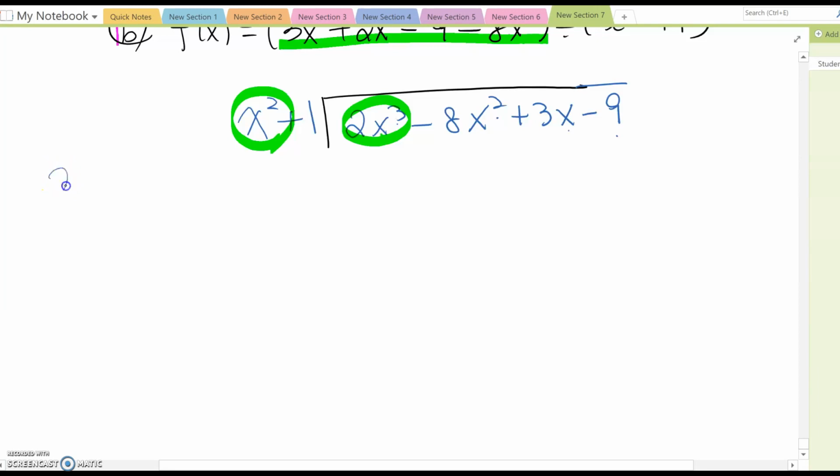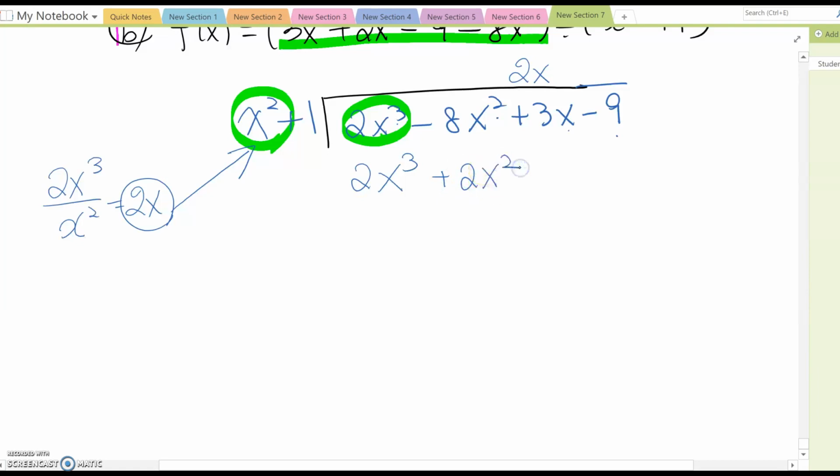So it becomes 2x^3 over x^2. If you make the division, what does it come out to? Yes, it comes out 2x. So you put 2x in the quotient area. Now you multiply this with this one, so it becomes 2x^3 plus 2x.